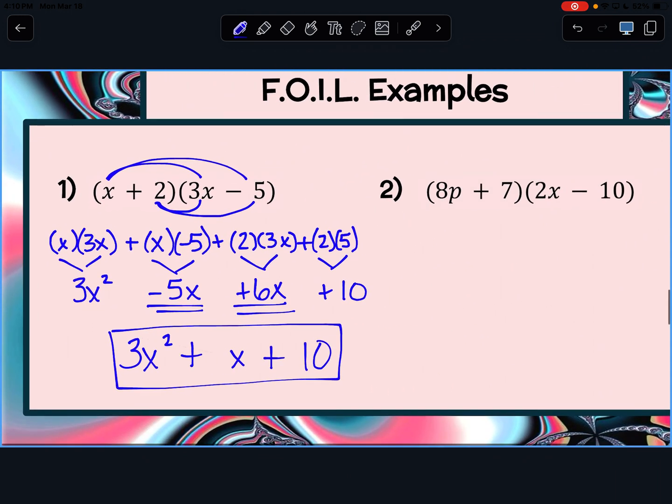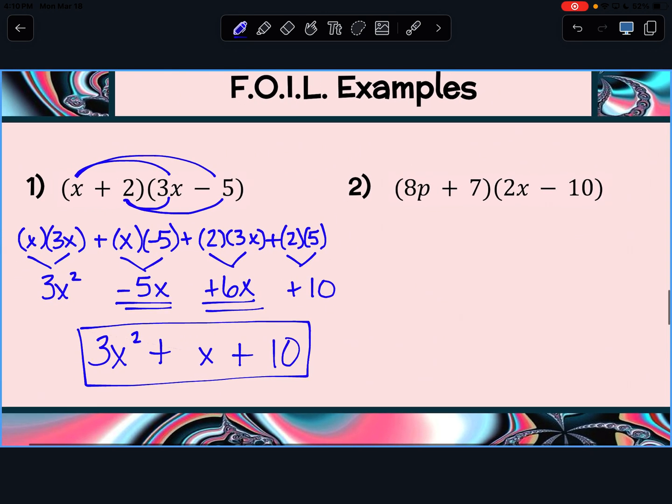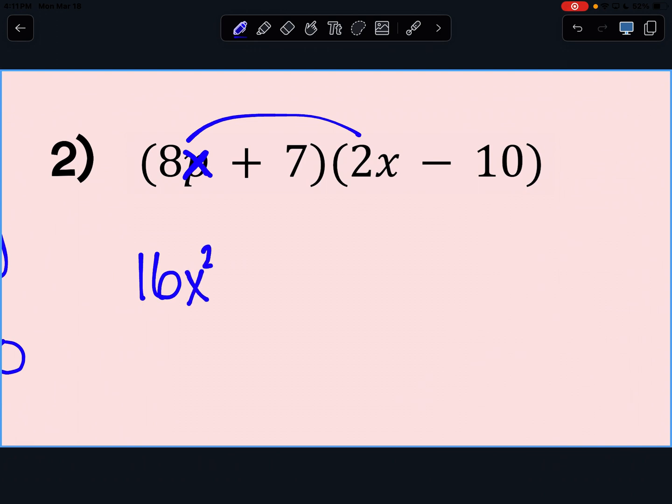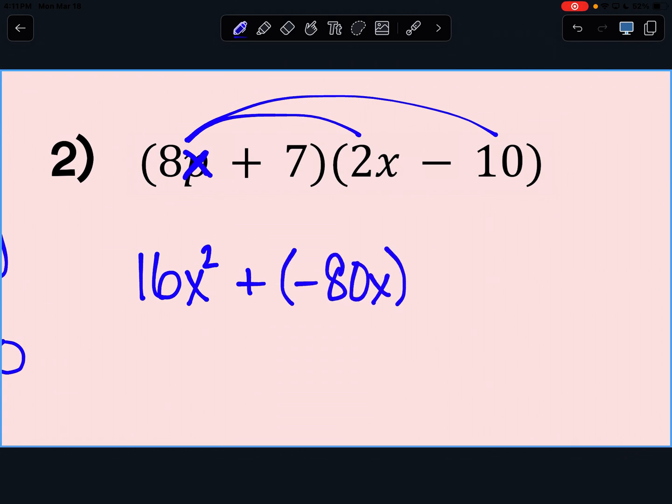Okay. All right, let's look at another one here. And I'm going to do fewer steps this time. Okay. Oh, I bet that's supposed to be an x. Okay, so I have 8x times 2x gives me 16x squared plus 8x times negative 10. That's going to give me negative 80x. Inside is going to give me 14x.